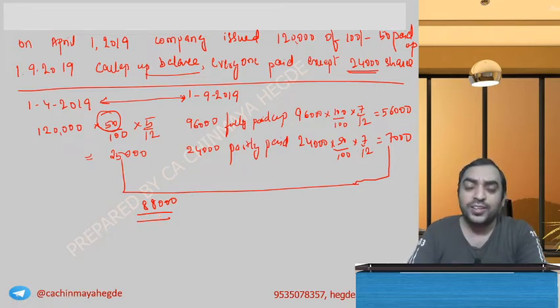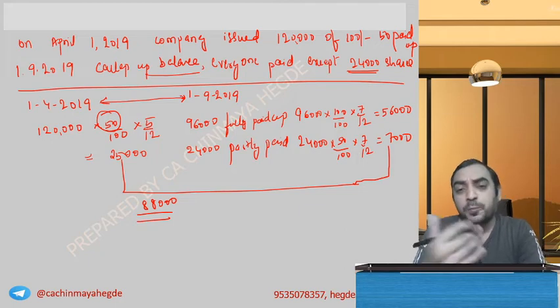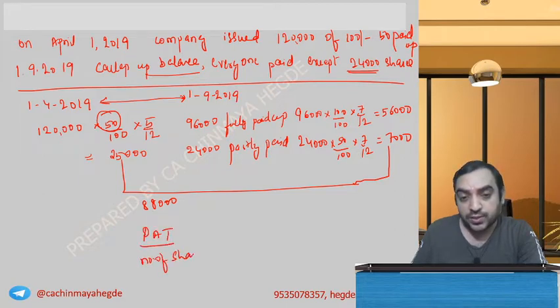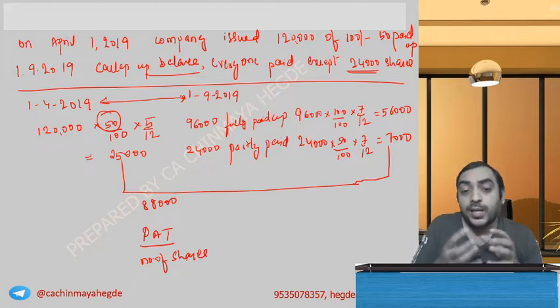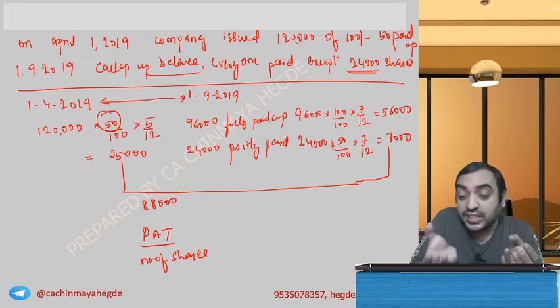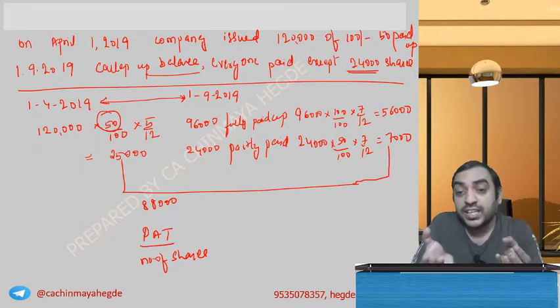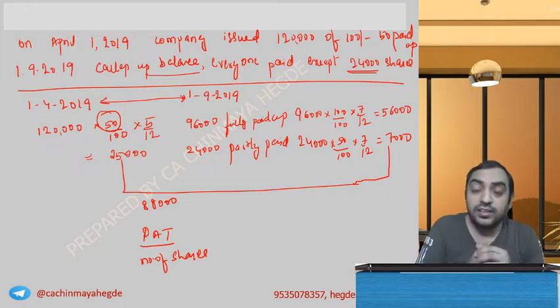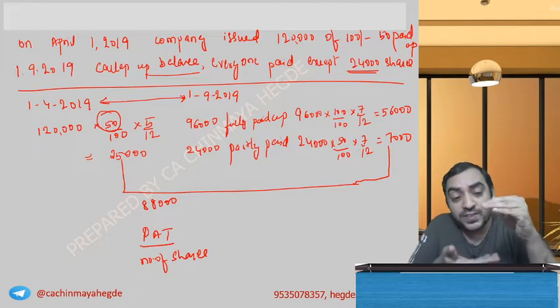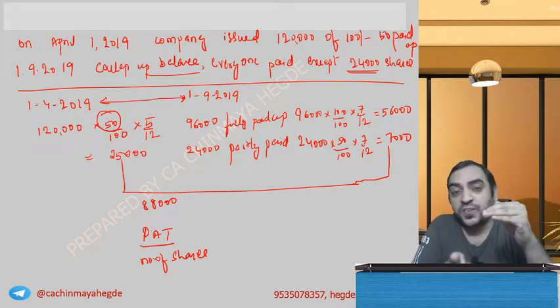But do you understand what is the logic of considering a proportionate number of months? What is the logic? Because in the profit after tax we divide by number of shares. Number of shares is like our source of income, a source of finance, and profit after tax is our result. Using our source, we have generated profits. So the numerator is profits, the denominator is like a source for us.